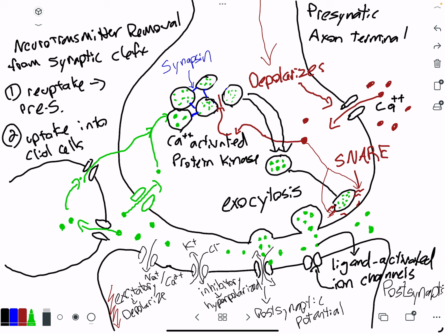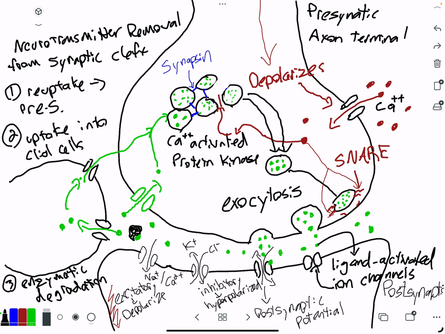And then third, I'll have to squeeze this in here, we can have some enzymatic degradation. And this just means a specialized protein in the synaptic cleft. Let's sort of draw an amorphous kind of blob here.